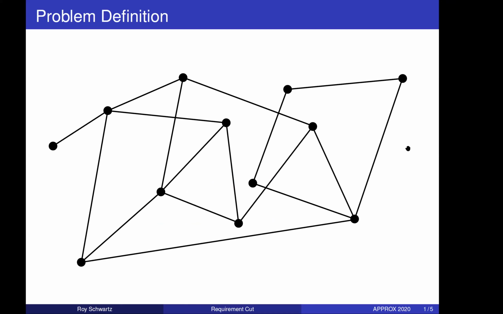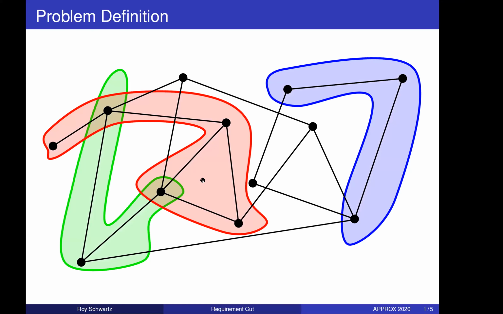So I'll start with the definition of the problem. So we have an undirected graph. Can you see my pointer on the screen? Okay, so we have an undirected graph. And we have groups of vertices. So in this example, we have three groups, the red one, the blue group, and the green group. And each group has a requirement, which is a non-negative integer.